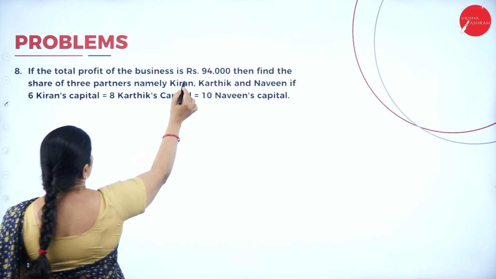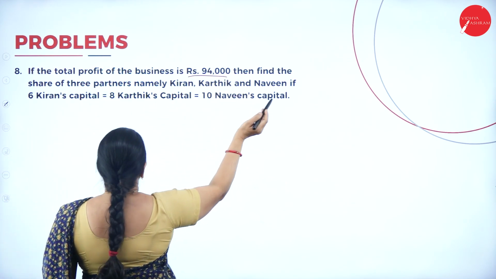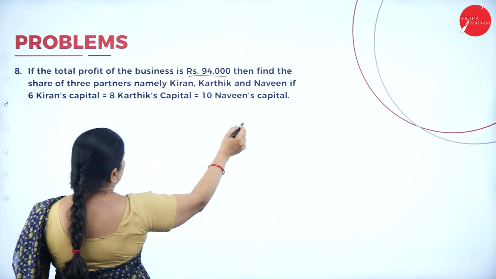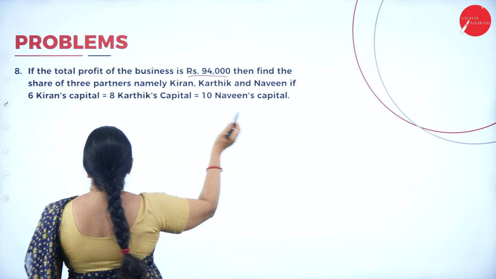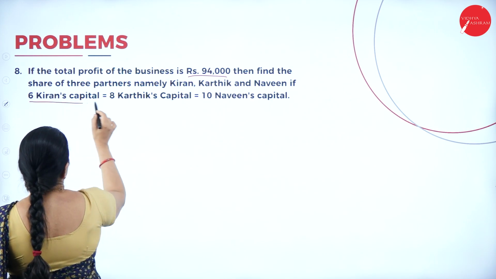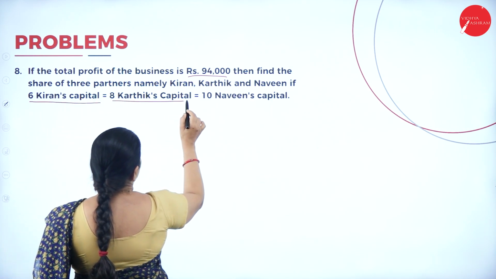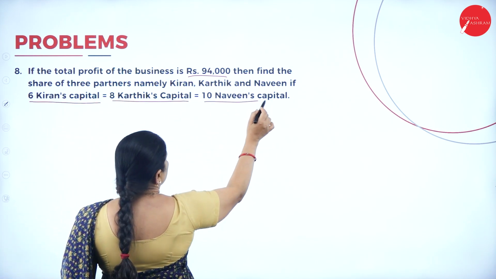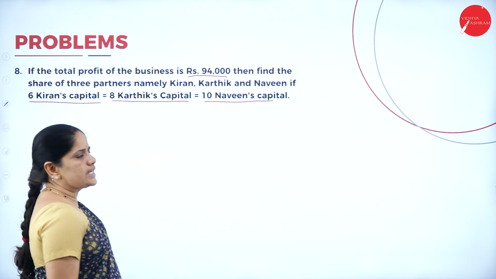If the total profit of the business is 94,000, then find the share of three partners, namely Kiran, Karthik and Naveen. If 6 times Kiran's capital equals 8 times Karthik's capital equals 10 times Naveen's capital.